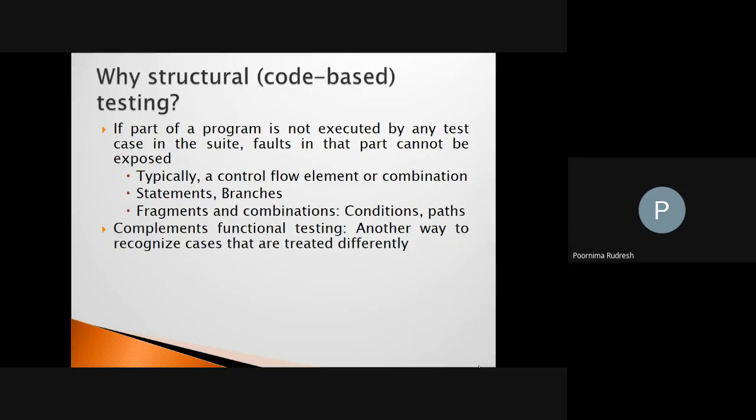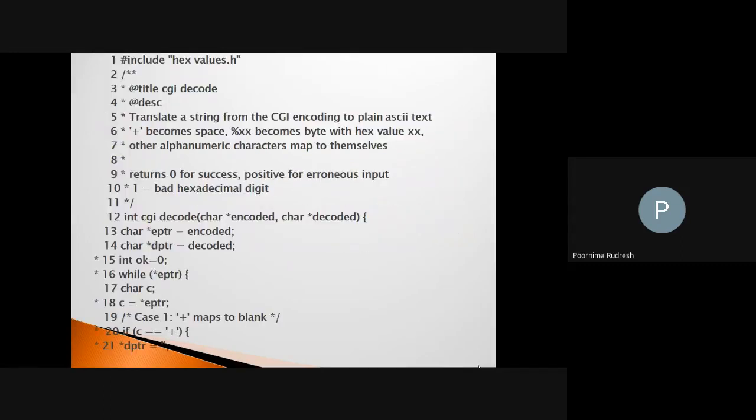Hence we are going for structural or code based testing. And it complements functional testing, which is another way to recognize the cases that are treated differently. So if you are using a switch case statement in the program, then different cases exist, right? And to identify those cases, we make use of structural testing, and structural testing is the complement of functional testing.